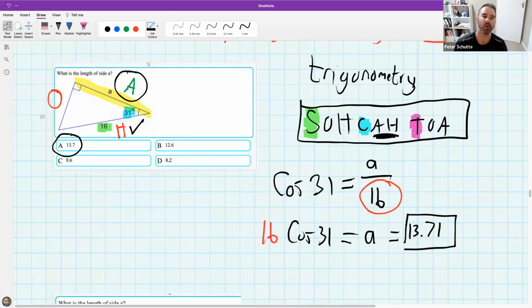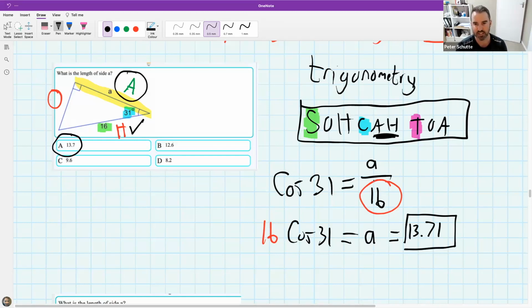So what were the key steps that I used? Now, right throughout today's lesson, I've been solving for unknown angles and unknown sides. In this question, I had a right angle triangle. Because I had a right angle triangle, I could label the sides using O, A, and H. I then looked at what I wanted and what I knew, and I found the correct trig ratio for that.